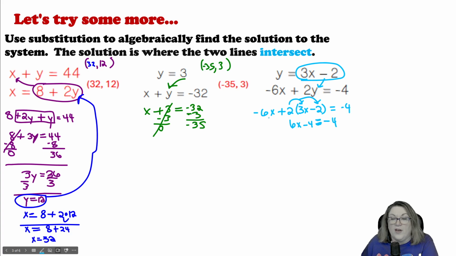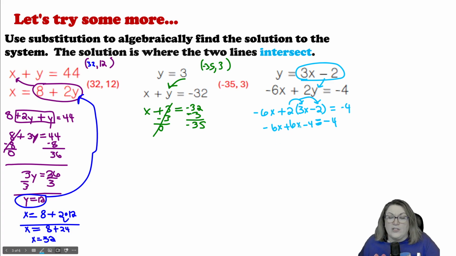And don't forget you have this negative 6x over here that we haven't done anything with yet. And I put a plus here because 2 times 3x is positive 6x. So you do need to put something in between this negative 6x and this 6x, and that's going to be a positive 6x.